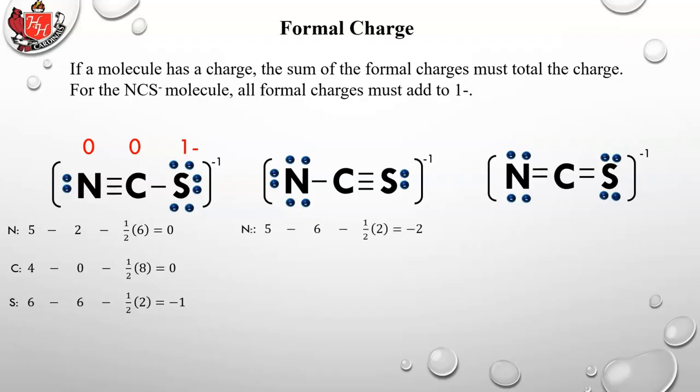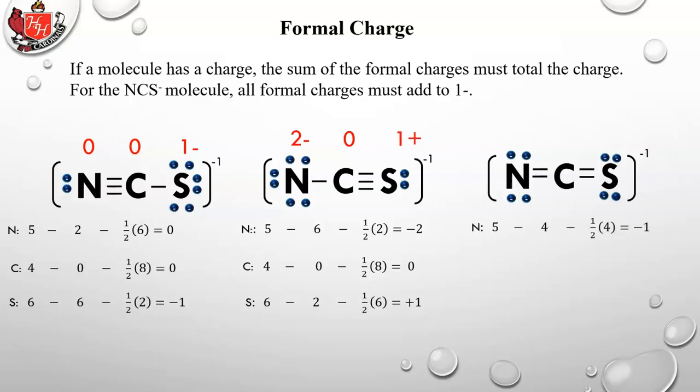Now in the middle, that nitrogen is 5 minus 6 lone pair electrons minus half of the 2 bonding electrons is -2. Carbon is 4 minus 0 minus half of 8, that's 0. Okay. And sulfur is 6 in its natural state minus 2 lone pair electrons minus half of 6 is +1.